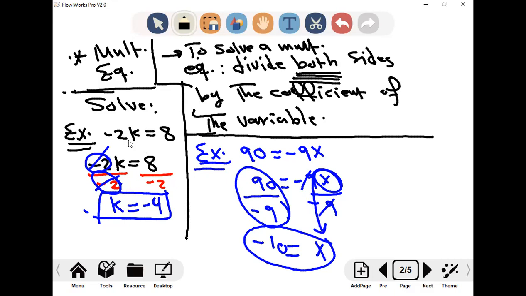Negative 2, sorry. What do we do to solve the multiplication equation? Read: divide both sides by the coefficient of the variable. The coefficient is negative 2, so I will divide both sides by negative 2. Here, what's the coefficient in this equation? Negative 9x.